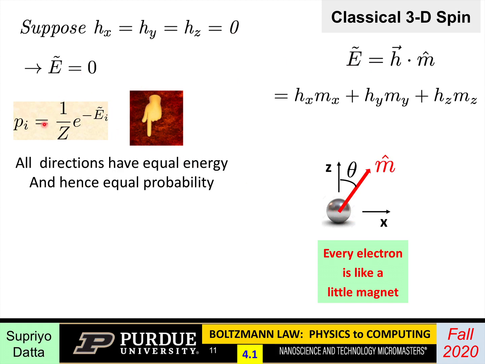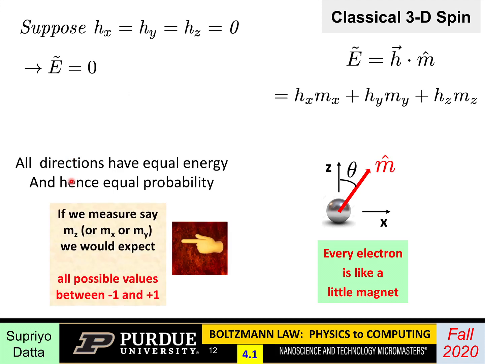So when you apply Boltzmann law, all directions have equal energy and hence equal probability. If I went in and measured a particular component of this magnetic moment, say the z component or the x component or the y component, you'd think that you'd get all values between -1 and +1, because after all the magnet could be pointing in any direction, and so its z component could have any value between the extremes.